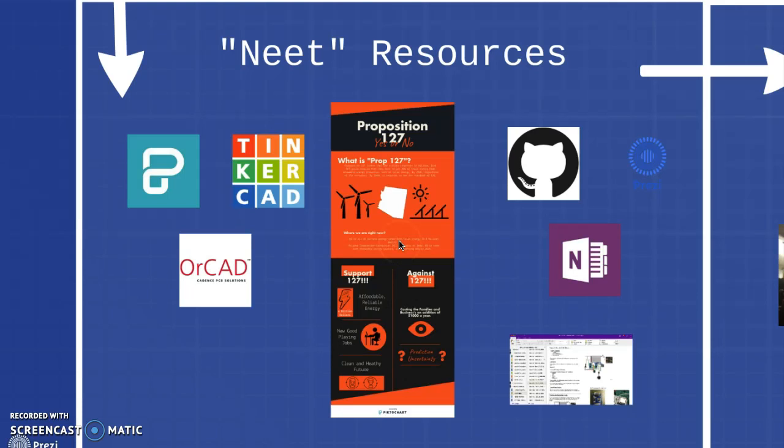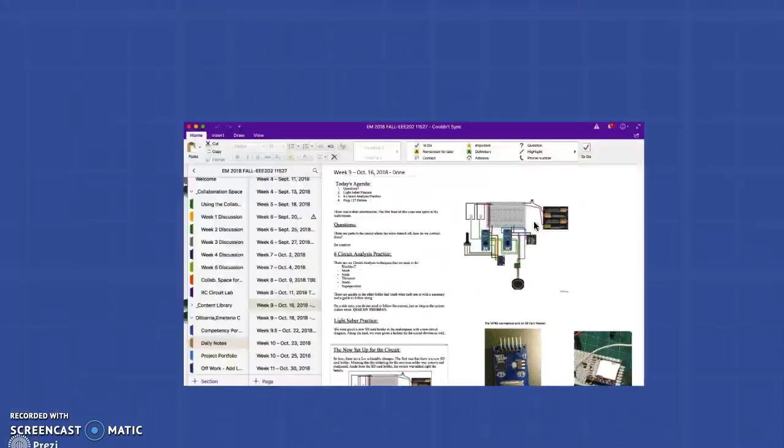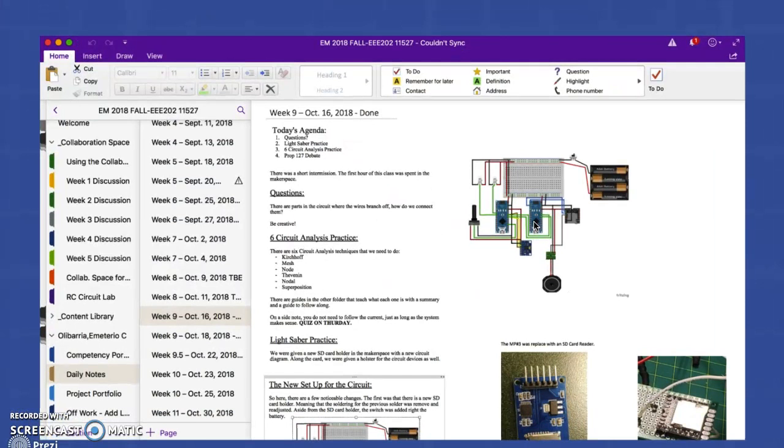I want to go further into the big Neat resource, OneNote. To me, OneNote was a blessing I took from this class. It was an interesting tool that allows me to interact with my other classmates to an extent, while at the same time I was able to craft well-organized daily notes, incorporating everything that occurred on a daily basis.